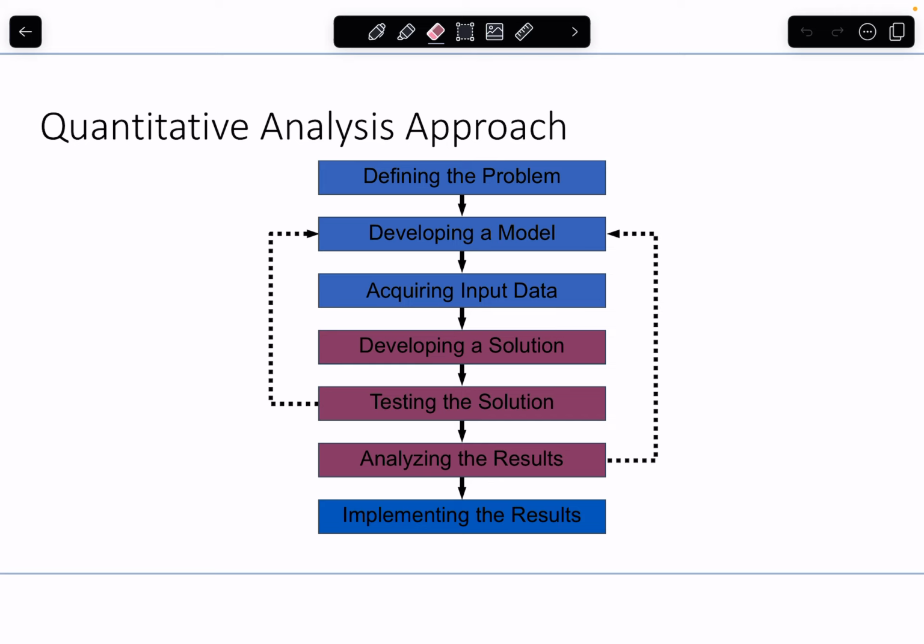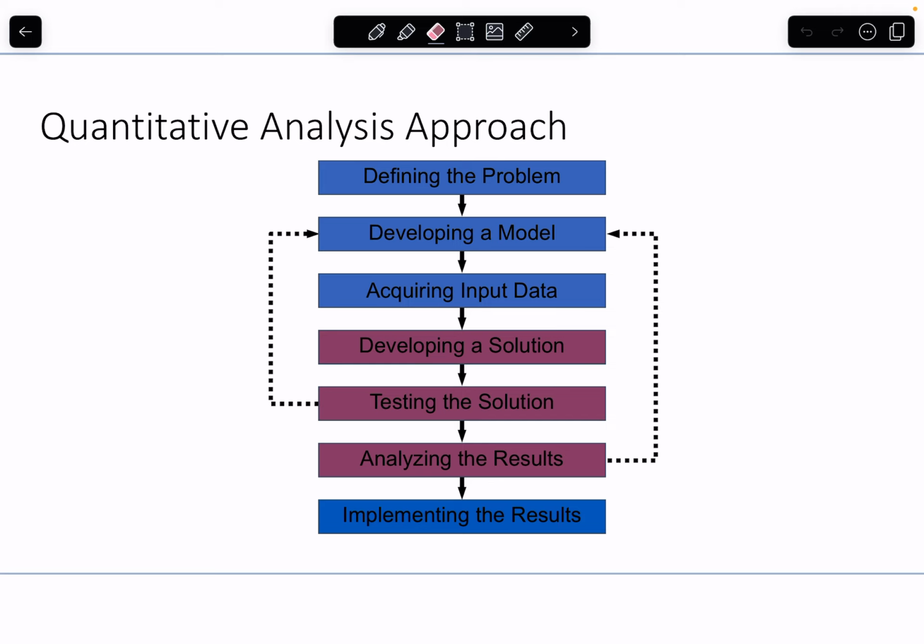And then, once we develop the model, we acquire input data. We have to consider the factors, the raw data, whether that would be from the company profile or the result of the production output, and so on.